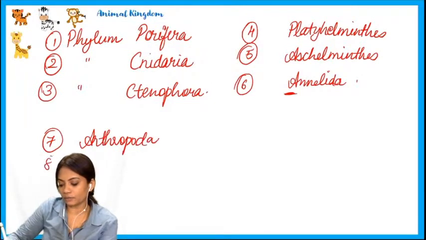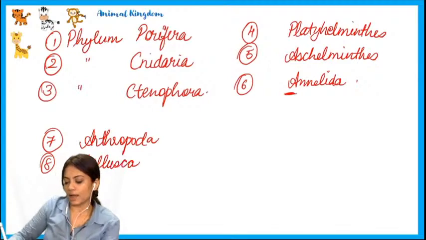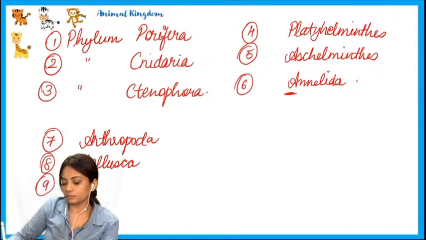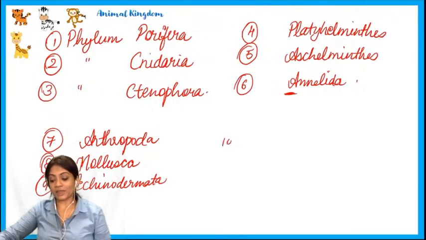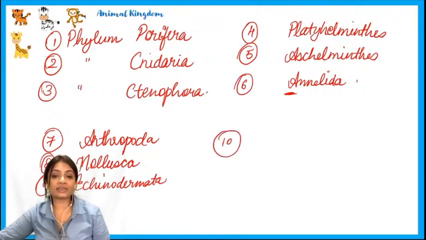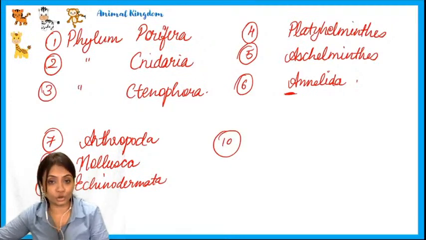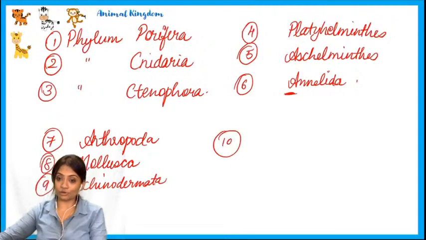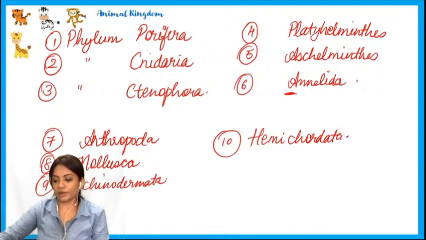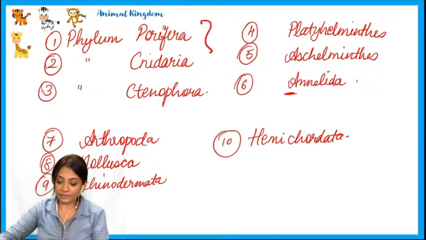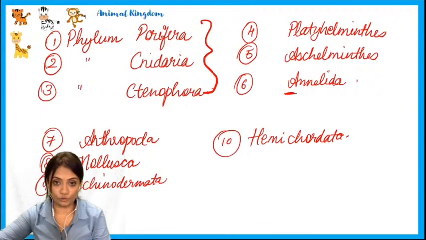After Arthropoda, Mollusca. After Mollusca, Echinodermata. After Echinodermata, the last one, which was having a feature looking like a notochord, but it is not, so I am calling it Hemichordata. Alright. So, we have covered these 3 phylums until now: Porifera, Cnidaria and Ctenophora.